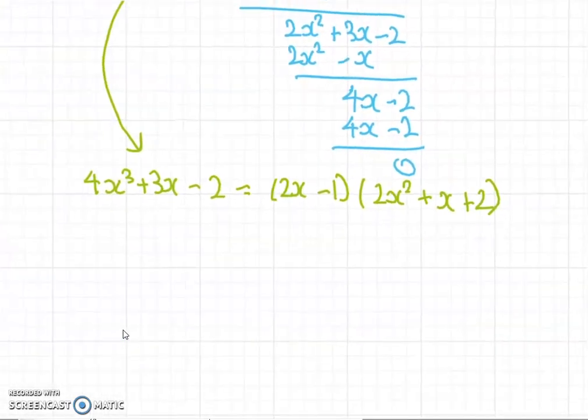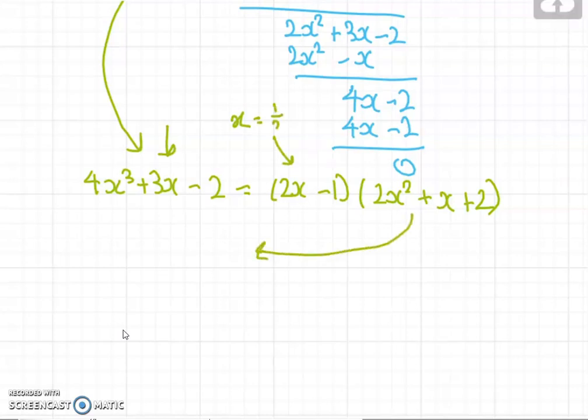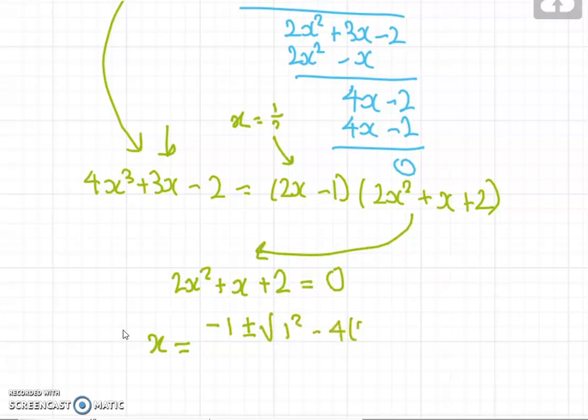Okay, to find the rest of the roots of this original polynomial, we already found x equals half from here. And now we have to solve this quadratic equation 2x squared plus x plus 2 equals 0. Using the quadratic formula, we get x is negative 1 plus or minus the square root of 1 squared minus 4 times 2 times 2, divided by 2 times 2.